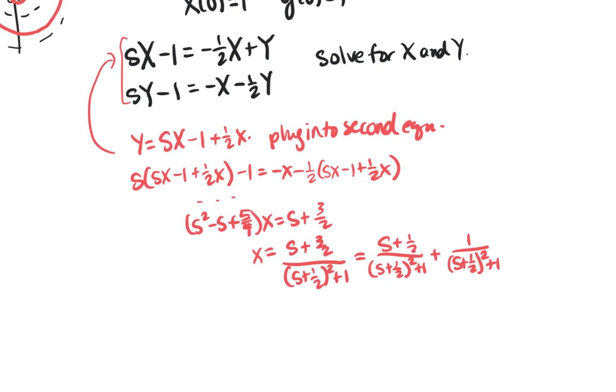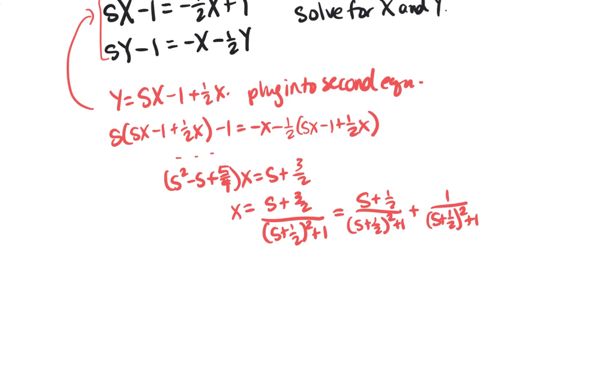Okay, and so if I look at my Laplace transform table, I'll get that x of t equals e to the minus 1/2 t cosine t plus e to the minus 1/2 t sine t. And also plugging all of that back in and solving for y, I'm just going to put dot, dot, dot.